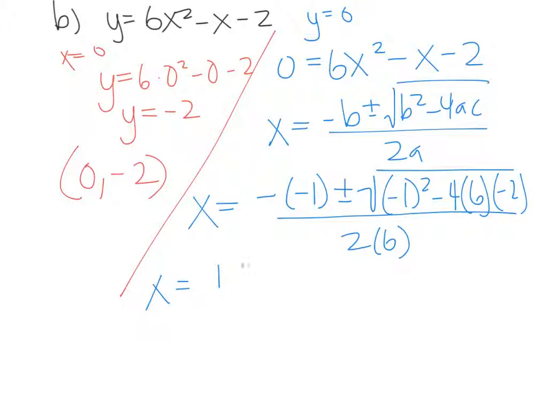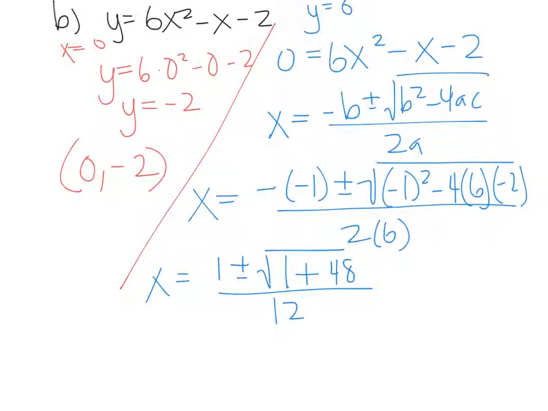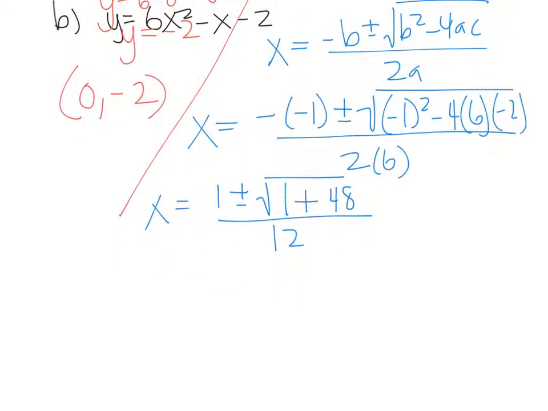This is 1 plus or minus the square root of 1 plus 24 times 2, 48, all over 12. Almost done. 1 plus or minus root 49, all over 12.